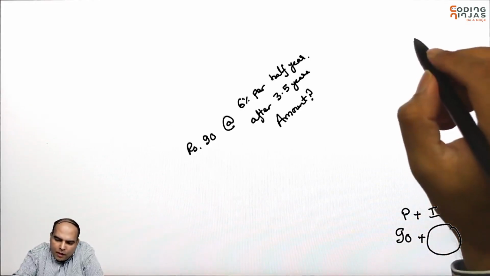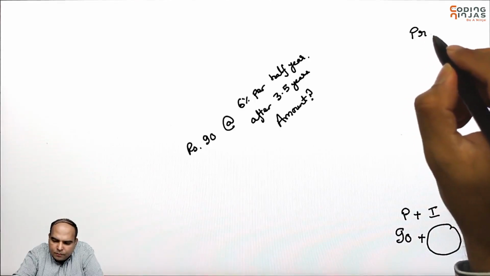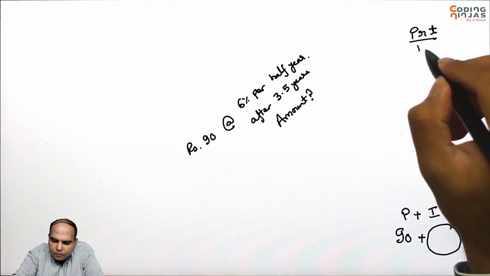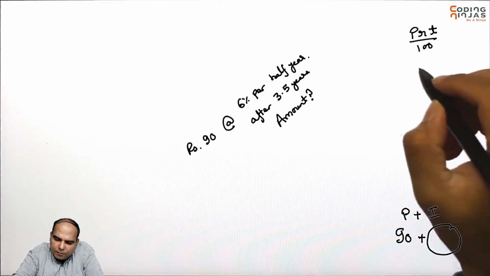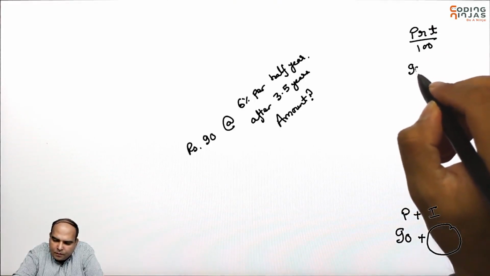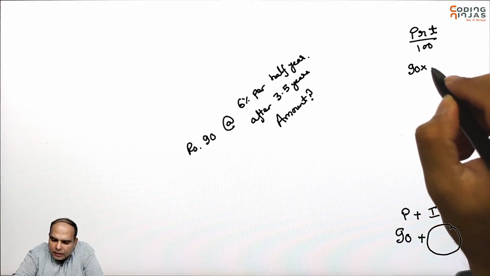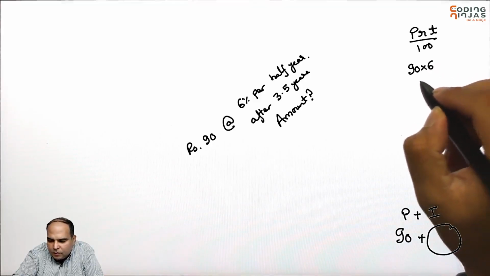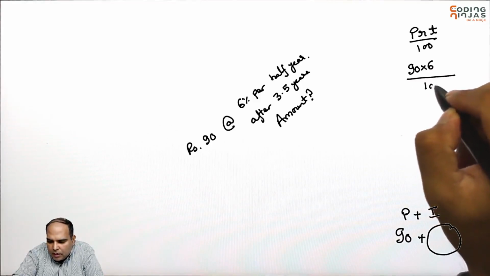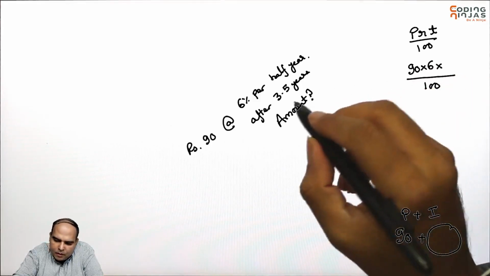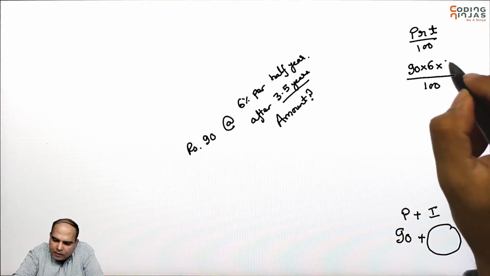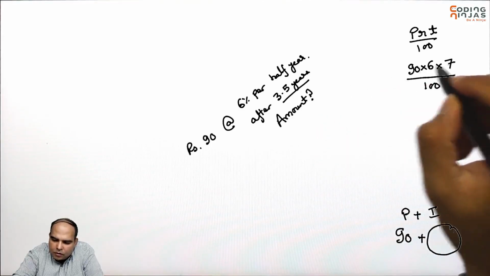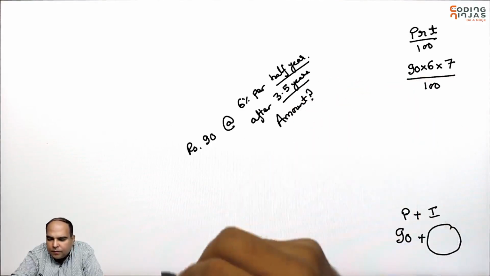One option is PRT by 100. In this case, P is 90, R is 6, and T for 3.5 years is 7 time periods, because interest is given half yearly.